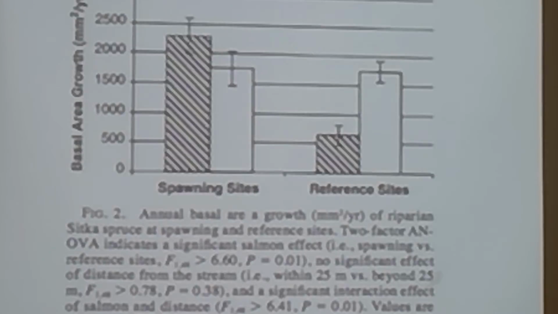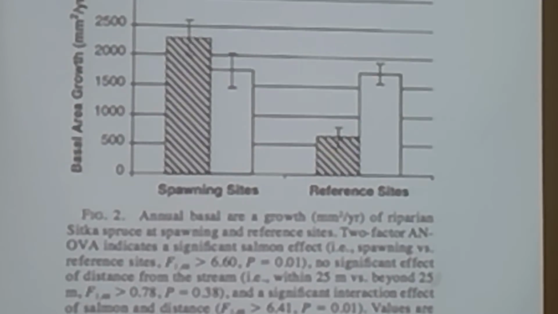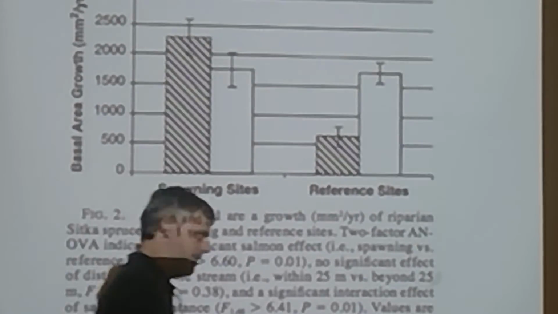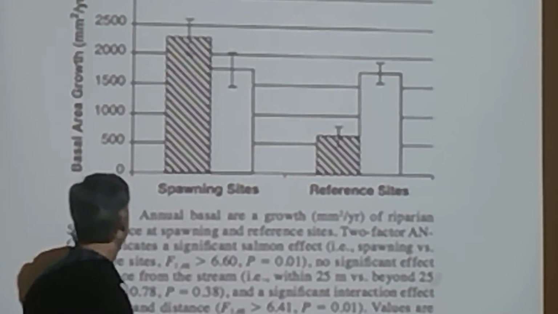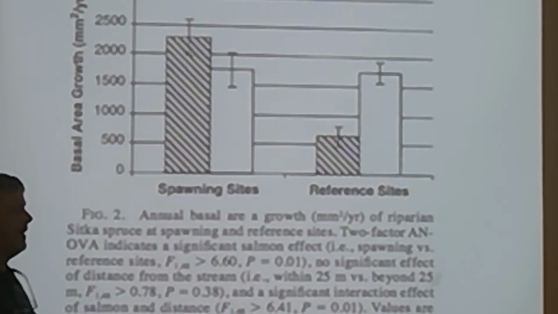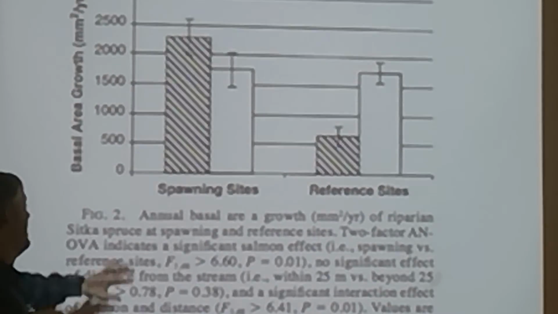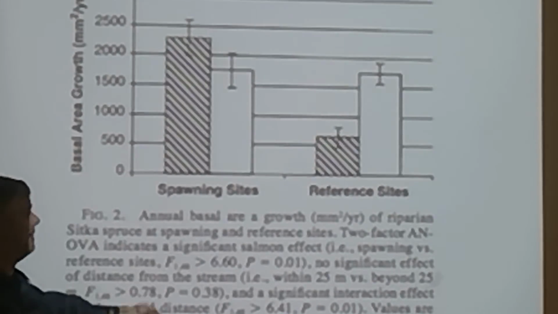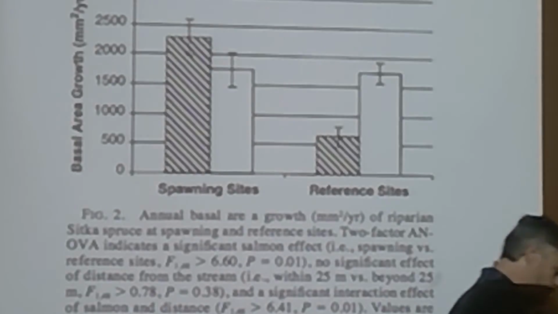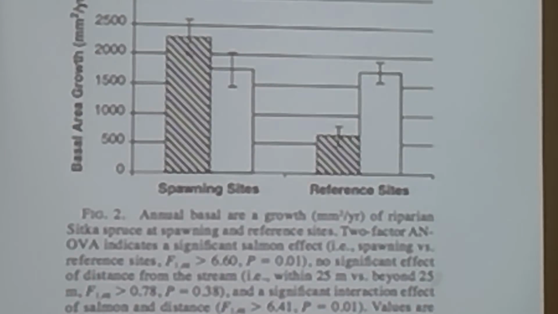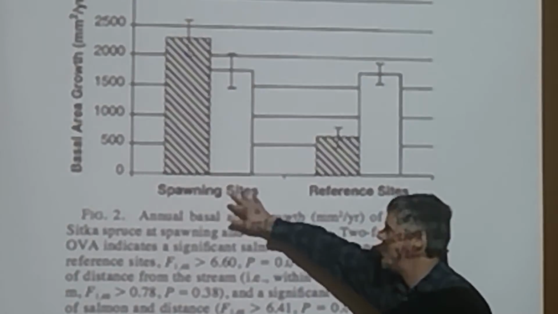All right, so what do those bars represent? How far away? Whether there was a patch within 25 meters of the stream or beyond. Okay, so the salmon were what's within 25 or further? The trees, exactly. The trees that we're measuring the growth from. All right, so we've got our salmon streams versus our non-salmon streams.